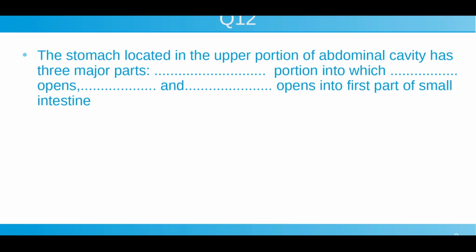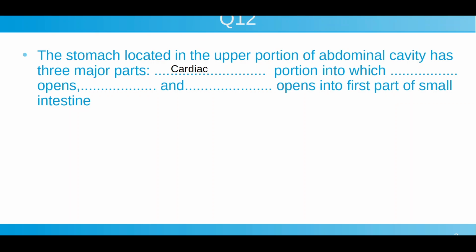Next question is, the stomach located in the upper portion of the abdominal cavity has three major parts, dash portion into which dash opens, dash and dash opens into the first part of small intestine.